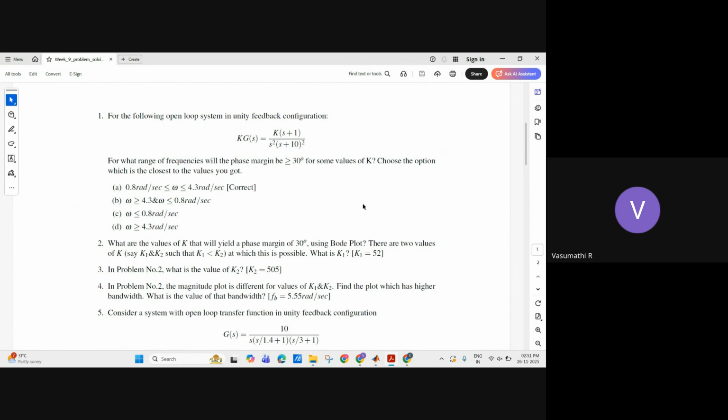This can be obtained either by shifting the magnitude plot or the phase plot. Both ways you will find it. In our case, we will shift the magnitude plot, as we will find the change in the value of k, and that won't alter the phase plot. The phase margin can be 30 degrees if the phase is around minus 150, that's what we found.